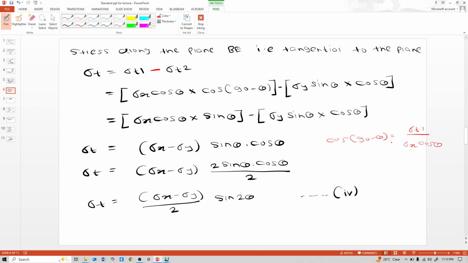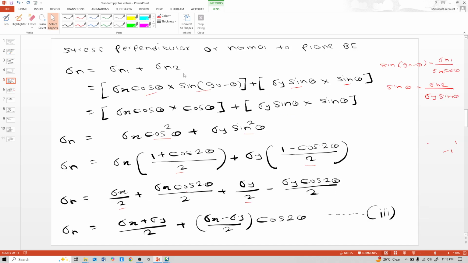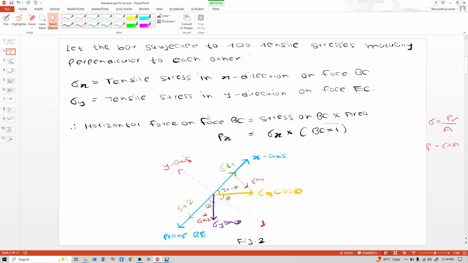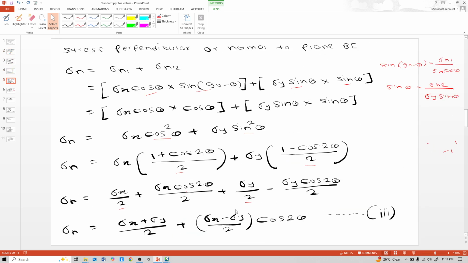So sigma T1 is cos 90 minus theta into sigma x cos of theta. And for tangential stress 2, cos of theta is equal to adjacent side upon hypotenuse. Adjacent side is sigma T2 upon hypotenuse, which is sigma y sin theta.